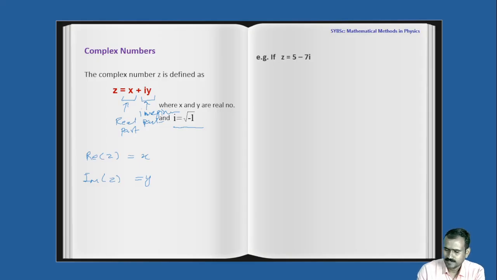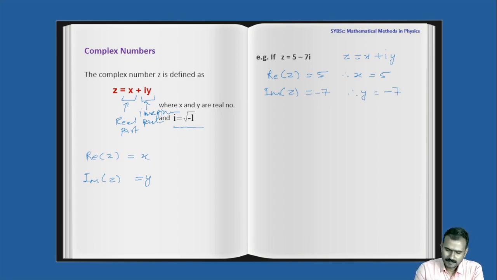For example, if z equals 5 minus 7i, then the real part of this complex number is 5, correlating with x plus iy, so the value of x is 5, and the imaginary part of this complex number is -7, that is y equals -7.